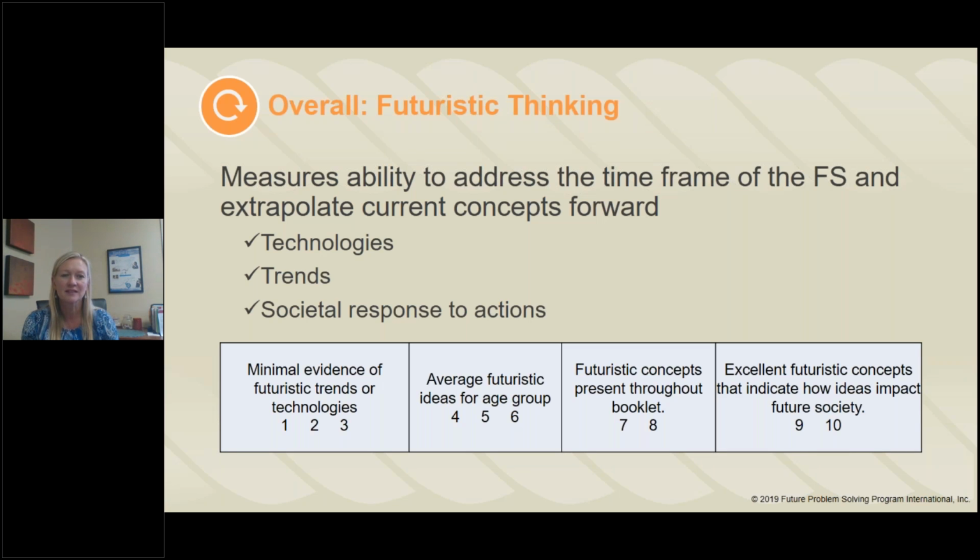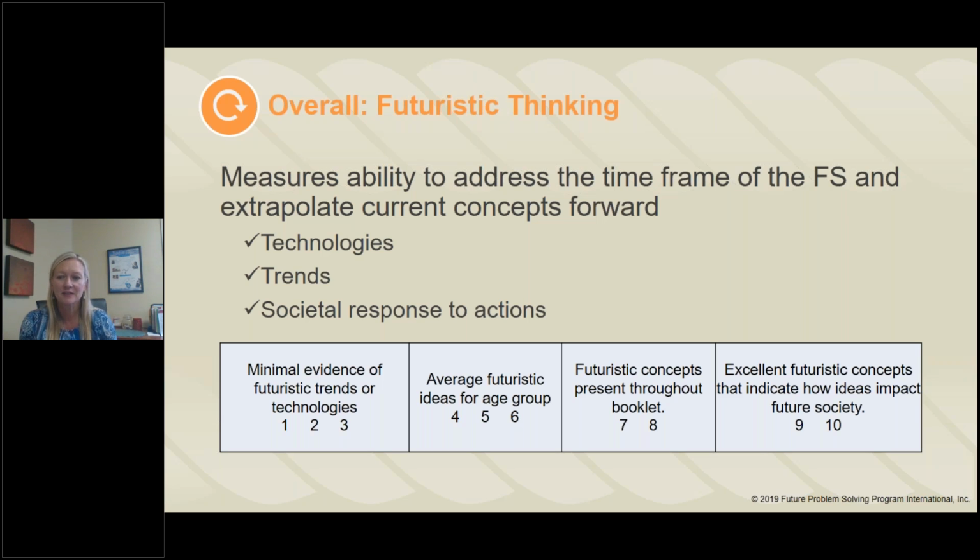Noticing trends is something that is easy for students. The societal responses to actions, sometimes that's where we see that with our more mature teams, not only in age but also in experience, to really take a look at how decisions and items are going to impact the future.